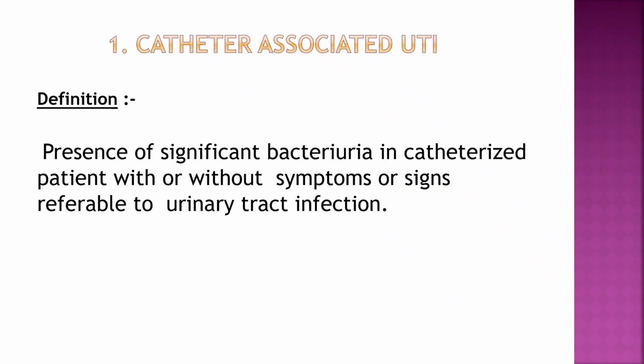If it is with symptoms, it is called significant symptomatic bacteriuria. Symptoms of the urinary tract include hesitancy, frequency, burning micturition, dysuria, that is pain at the site of urination, and fever. If without symptoms, it is called asymptomatic bacteriuria.